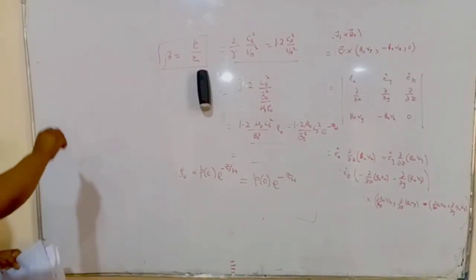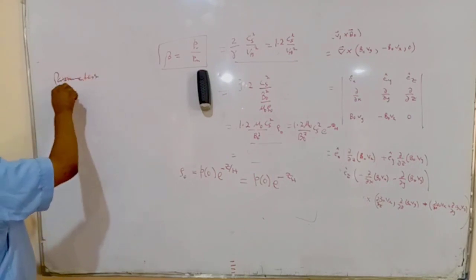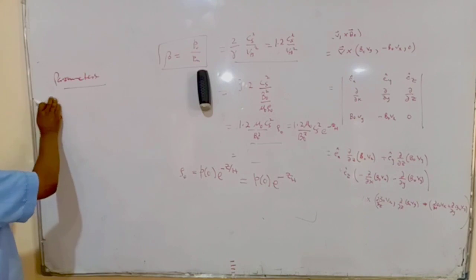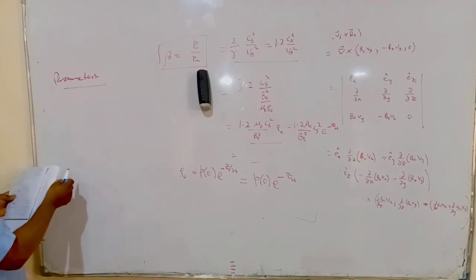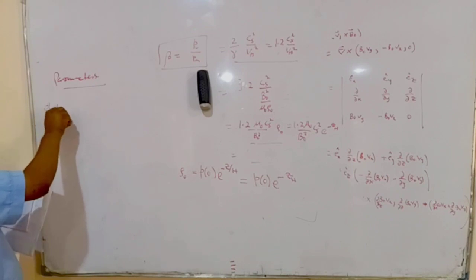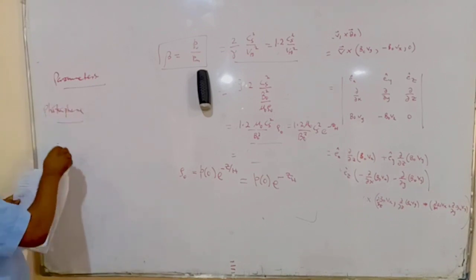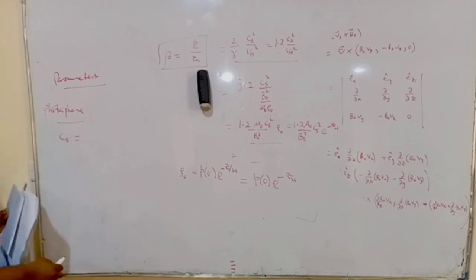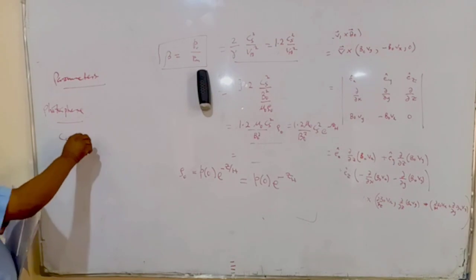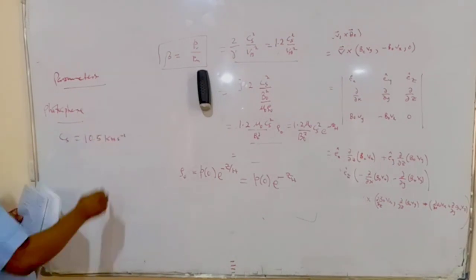Now, in the photosphere, the parameters are a little bit good. Let me start with the photosphere. We have CS, the sound speed, about 10.5 kilometers per second.